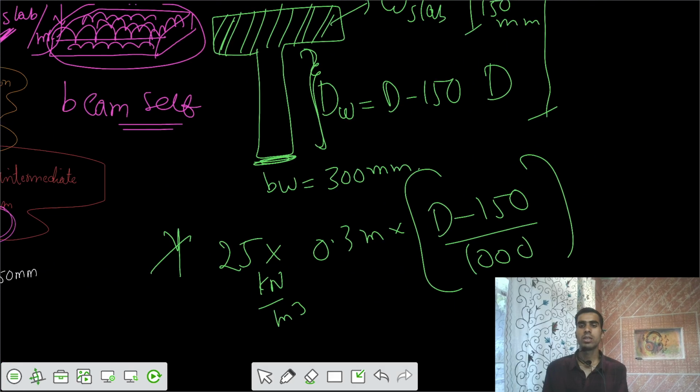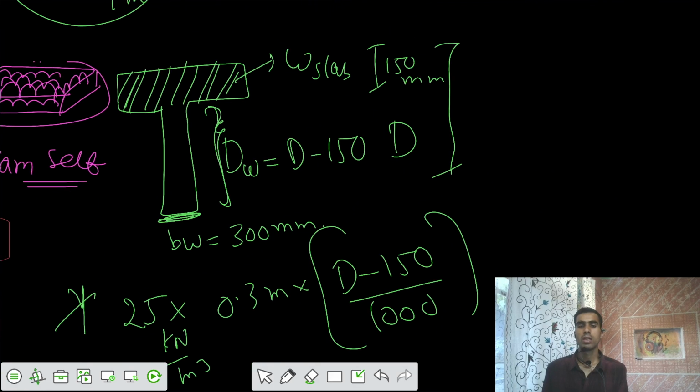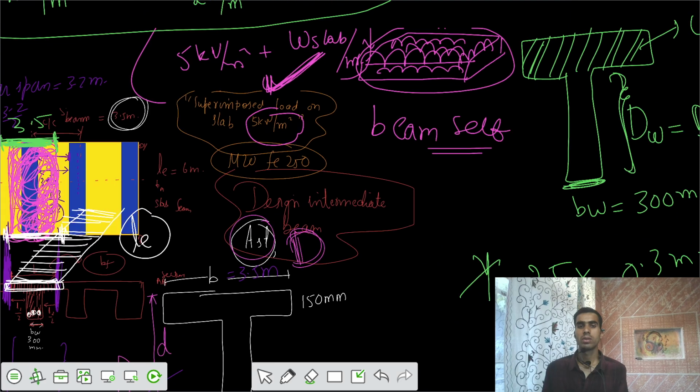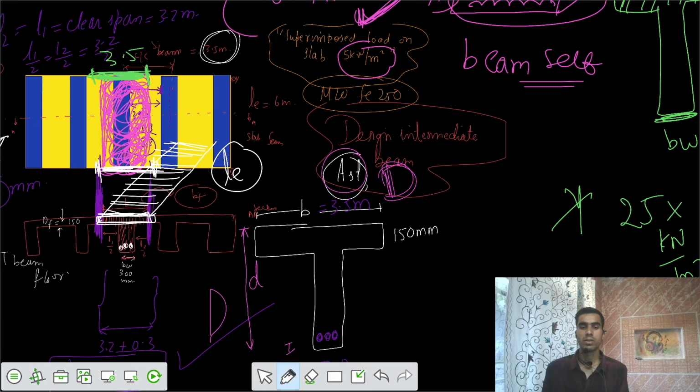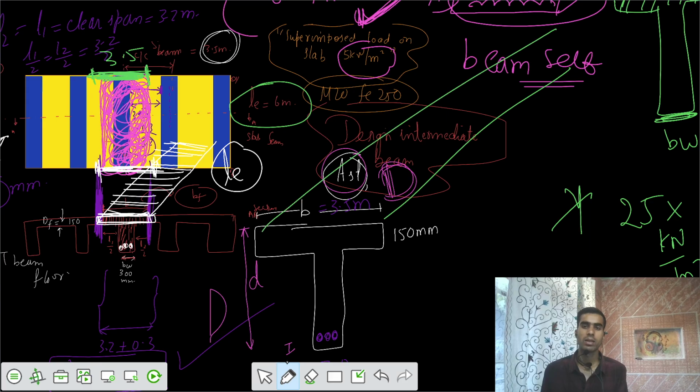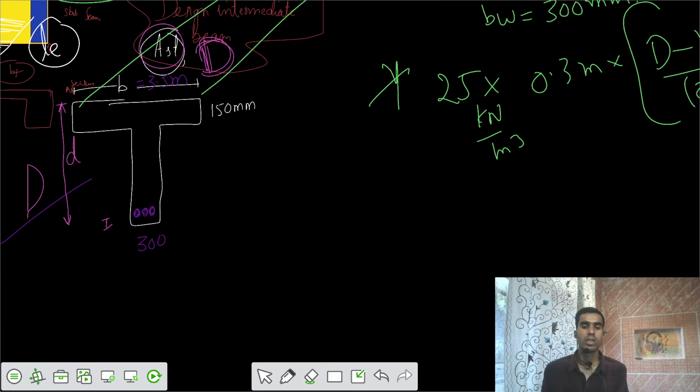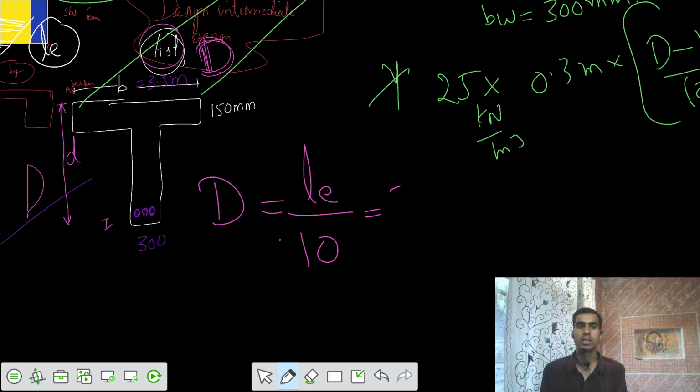So do you know any general thumb rule for the beams? If the effective span is 6 meters, from this side there is some effective span of 6 meters. Can you tell me what is the general thumb rule we have for the calculations of D? We take D as almost 10 times, or 12 times, LE by 10, that is 6 meters divided by 10, that's 600.